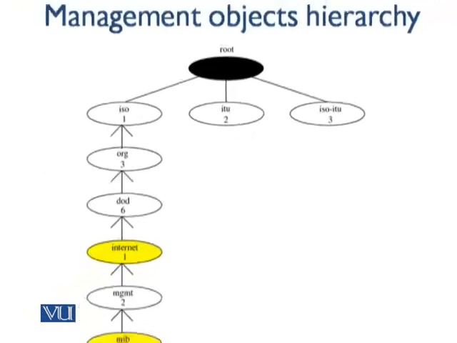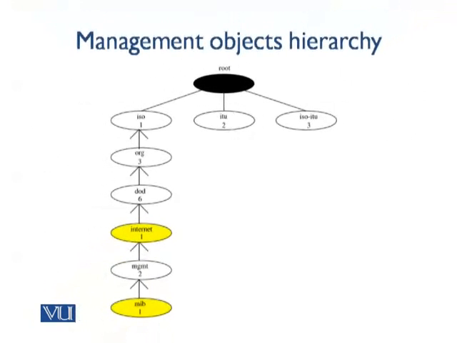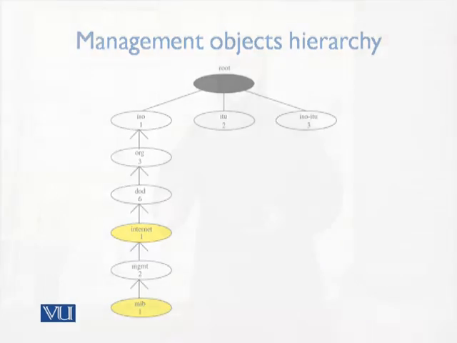Practically all of our concerns would be in this path of the overall tree. The other parts, like I've mentioned, are there for historical reasons, but if we want to monitor TCP/IP based networks, we would be following this path basically.